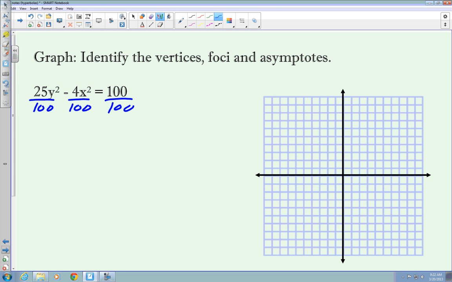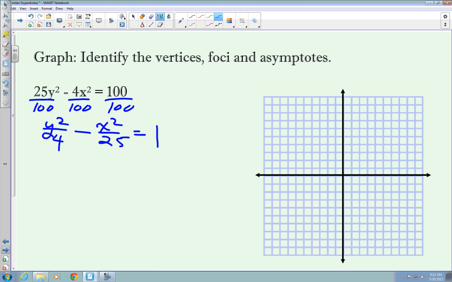So I simplify. 25 goes into 25 once. 25 goes into 100 4 times. So I get y squared over 4. 4 goes into 4 once. 4 goes into 100 25 times. So I get x squared over 25 equals 1.